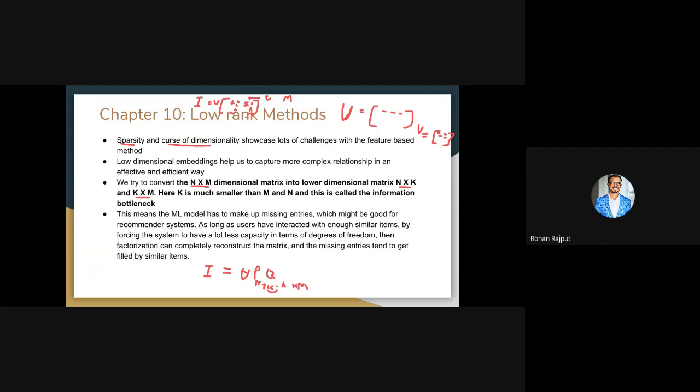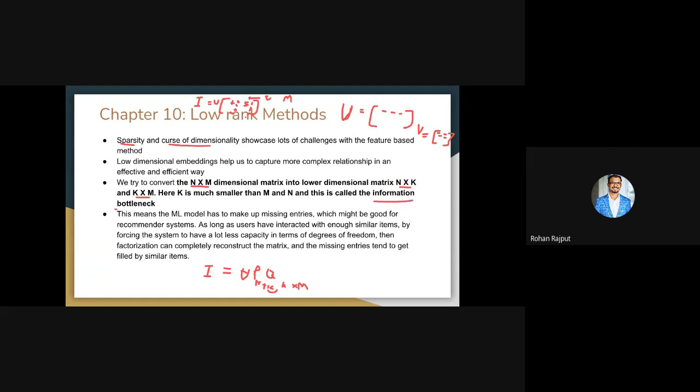When we do this, we have advantages. First, we are reducing the dimension, so it's computationally very efficient. Second, we are capturing more complex interactions between user and item. The third and most important thing: when we squeeze these matrices into lower-rank matrices, we create what is called an information bottleneck.